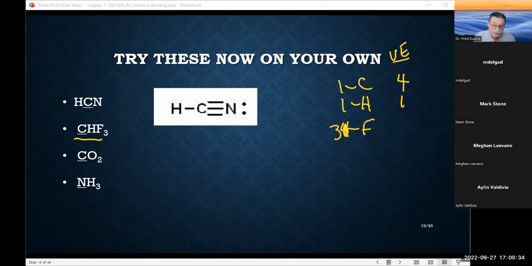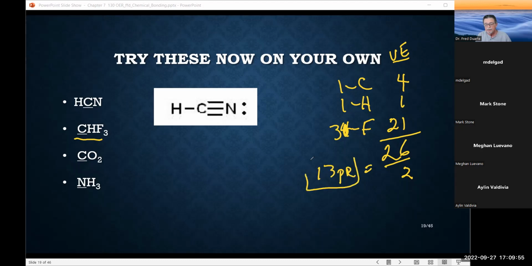Each fluorine is in group 7, okay? So 3 times 7 is 21, right? Tally this up, 4, 5, 26 valence electrons to work with. Divide that by 2, we have 13 pair is what we're going to work with. 13 pair.